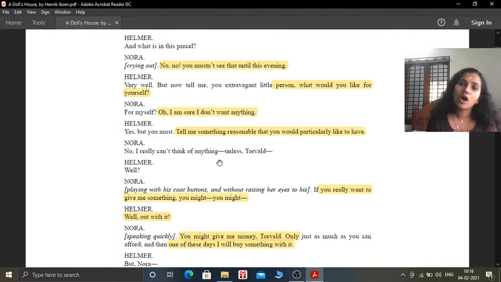So usually all the women in the house, that is their response. Oh no, I don't want anything. My happiness is my family's happiness. This is the cliche dialogue of many women. But as a woman, I don't agree with it. Every person has the right to have something. In connection with all the celebrations, we buy new dresses or other items or gifts for all the people.